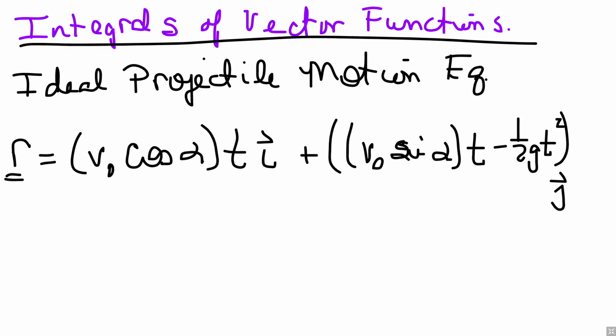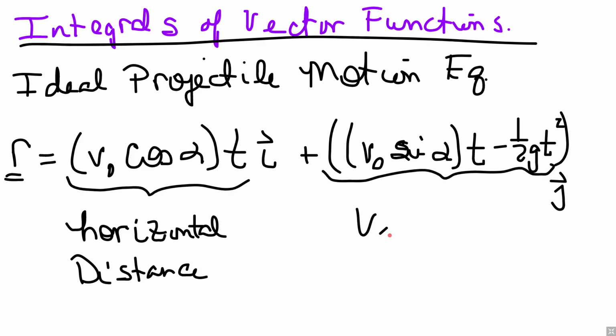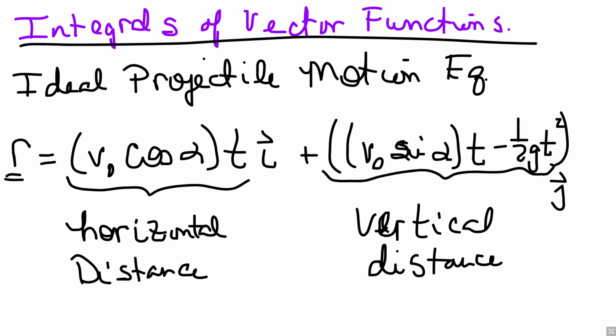This component here is going to be dealing with your horizontal distance, whereas this portion here will be dealing with your vertical distance. So it's giving you both pieces together.